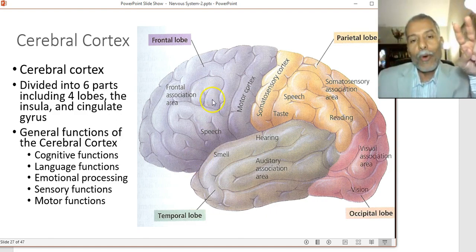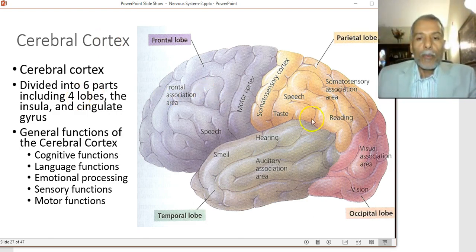Instead of lobe, you also could call these the frontal cortex, the parietal cortex, the occipital cortex, or the temporal cortex. So cortex means lobe. Then there are 2 other parts that are buried, that are not showing here, that make the cerebral cortex consist of 6 parts.